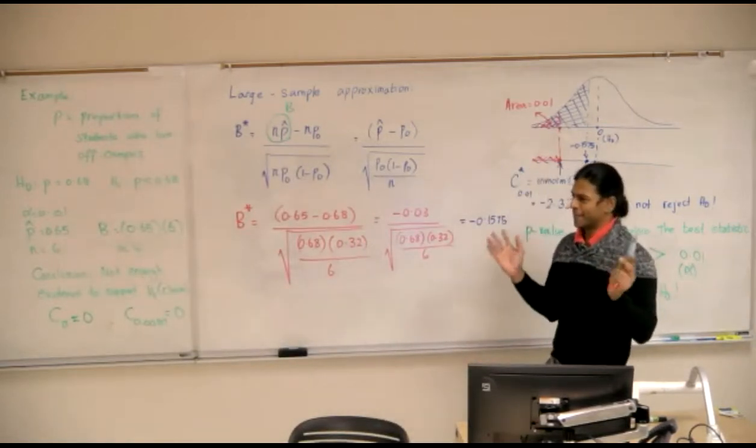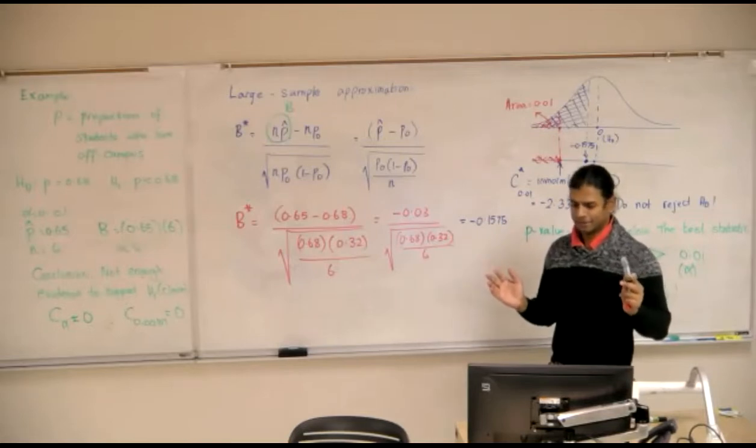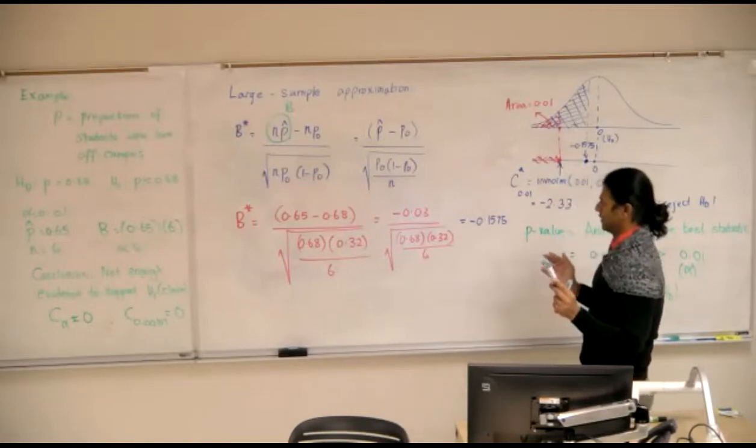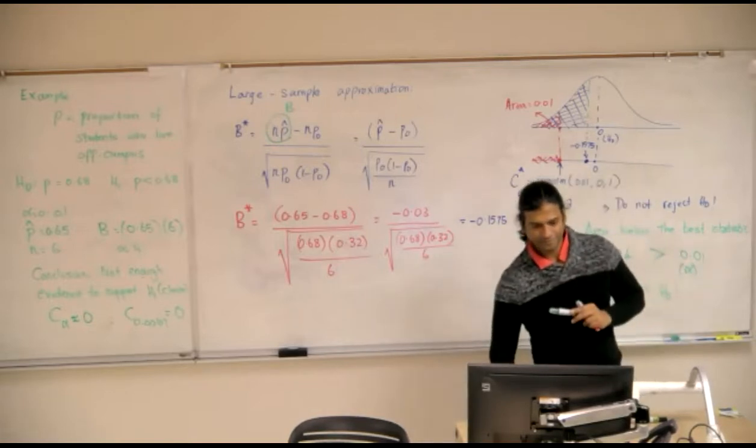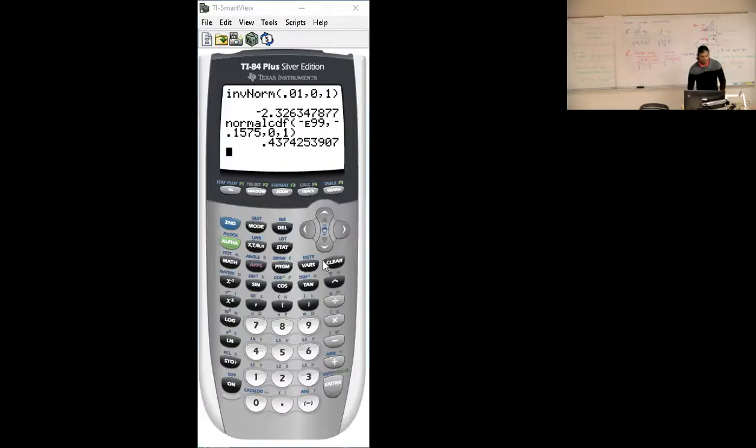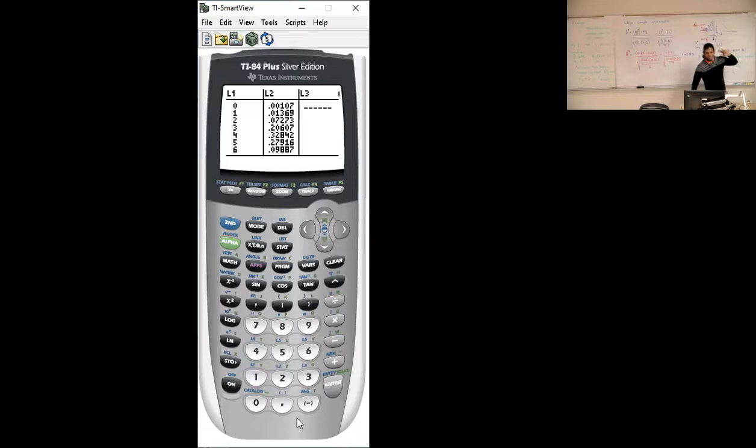I believe it was 0.7 something. We had the binomial values generated last time. We saved it to list two. And since it is less than or equal to 4, b is 4.